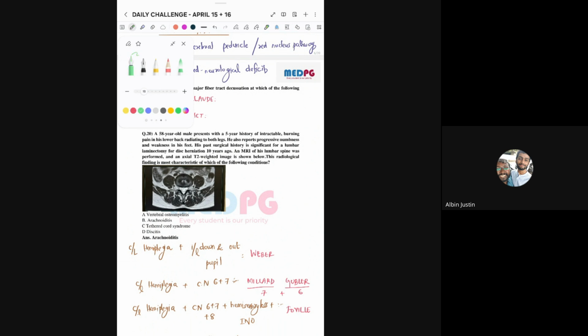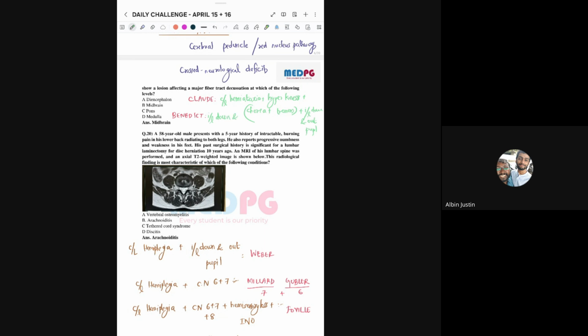If it is Claude, then you will get contralateral hemiataxia plus hemi-hyperkinesis plus chorea plus tremors, those hyperkinetic disorders, and then an ipsilateral down and out pupil. Similarly, an ipsilateral down and out pupil with chorea and tremor on the contralateral side, without ataxia, is Benedikt.